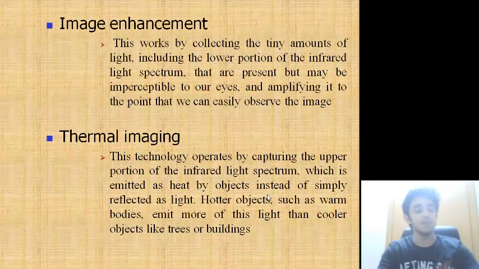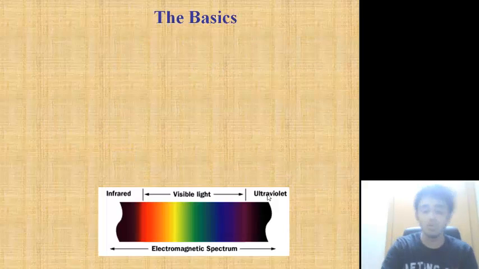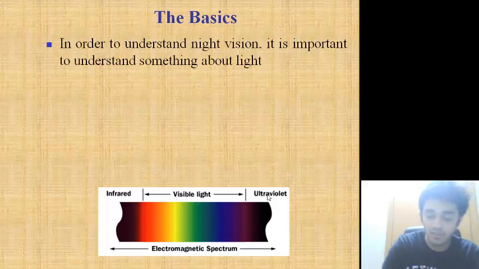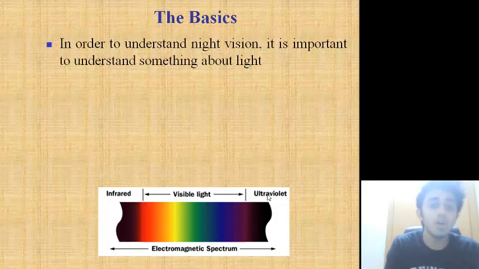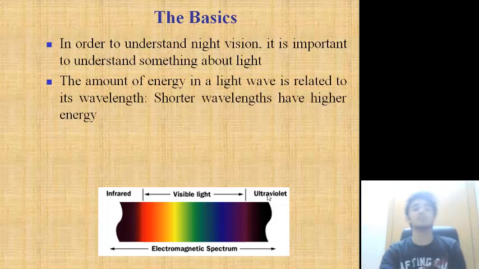Suppose this might be something of high-tech stuff for a normal person. So this may seem like Greek and Latin for the people who do not know what the basic properties of light are. So let's just go through a little basics of the light properties. In order to understand night vision, it is important to understand something about light. The amount of energy is related to its wavelength.